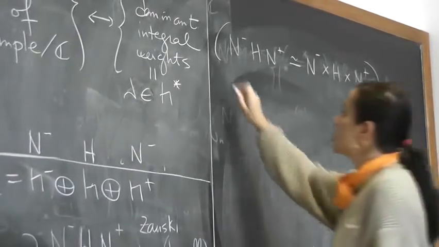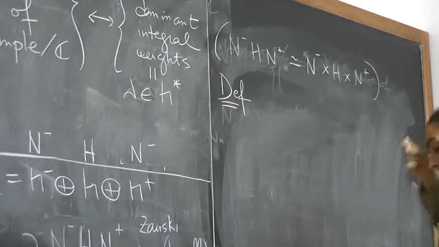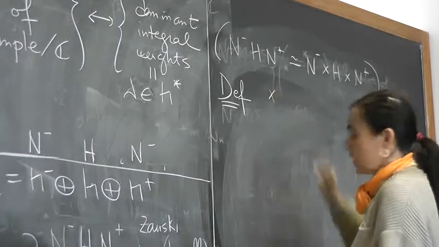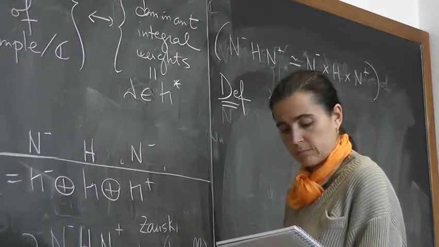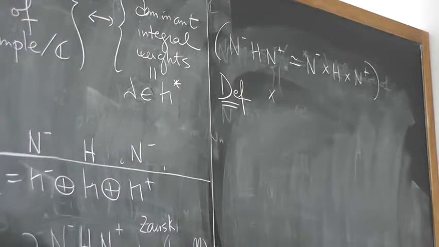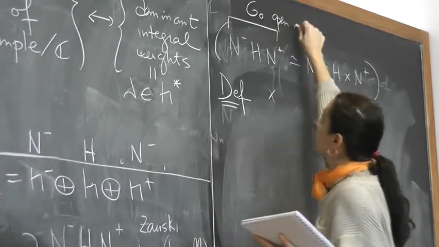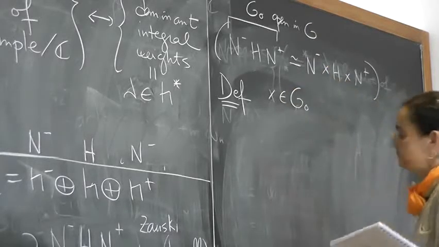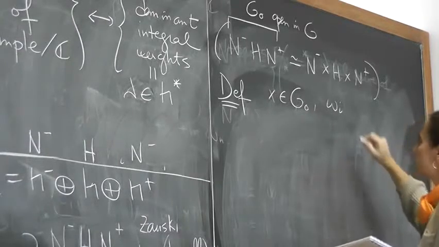Now, he defines the following. This is a definition. Let's call all of this G0, so this is the open set in G. Let us take an element x in G0, and let us take a fundamental weight, which we know is linked to a representation in some way which we have not understood.